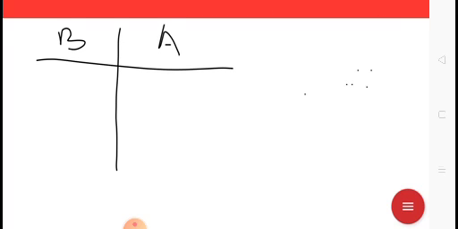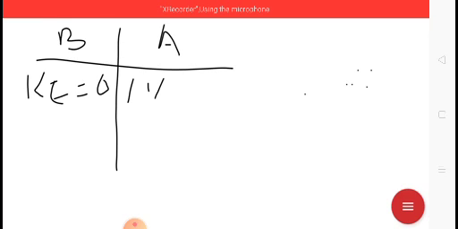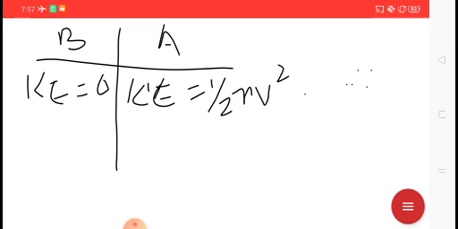So for this question, normally I will use a simple way to analyze. Let's say this is before, this is after. Okay, before, the box starts from rest, so KE equals 0. Okay, after, you need to find, so KE will be 1 over 2 mv square, right? Don't know how much yet.